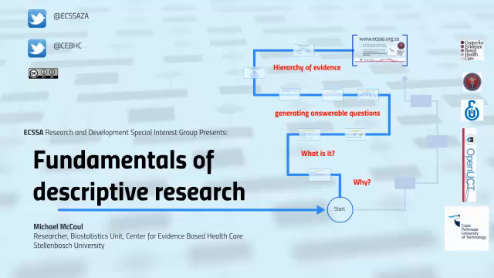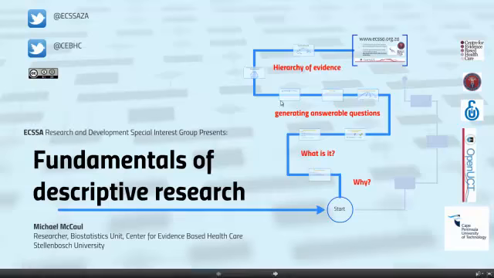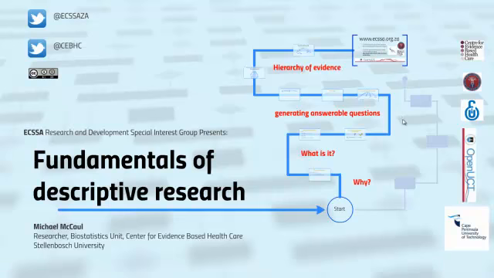Also, very importantly, I would like to go through what answerable questions are. So how do we generate answerable questions, and how do we link that with the appropriate study design? It's all about creating the correct question for the right study design, not the study design for the right question. And then eventually, as part of the Fundamentals of Descriptive Research lecture, the first part of the series, we'll be placing descriptive research within the hierarchy of evidence and the lay of the land, as I like calling it.